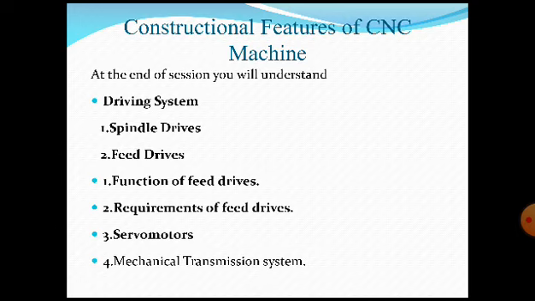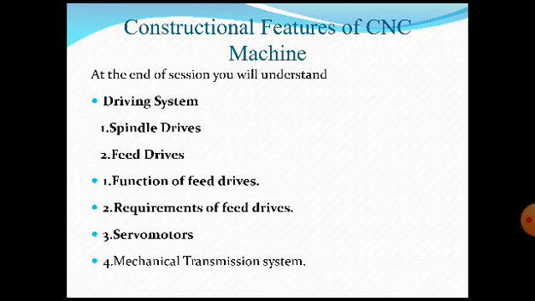Positioning means that whenever we carry out any type of operation on a CNC machine tool, the workpiece or the cutting tool has to come to the required contact. This contact has to be accurate, and the motion is given by the driving system of a CNC machine tool.